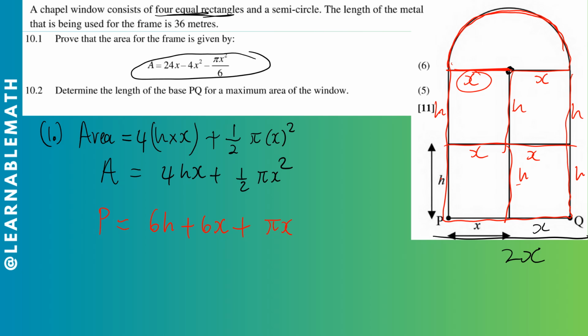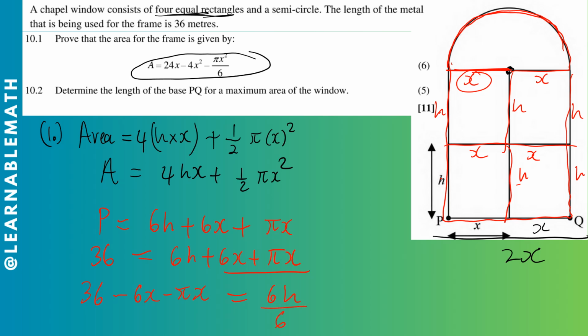Now we know the perimeter, the length of the whole frame, is 36 meters. We can replace here by 36. We have 6h plus 6x plus pi x. I'm not sure if this red color is visible. Then we have to express h in terms of x, so we have to solve for h. I'll transpose this: 36 minus 6x minus pi x is equal to 6h.